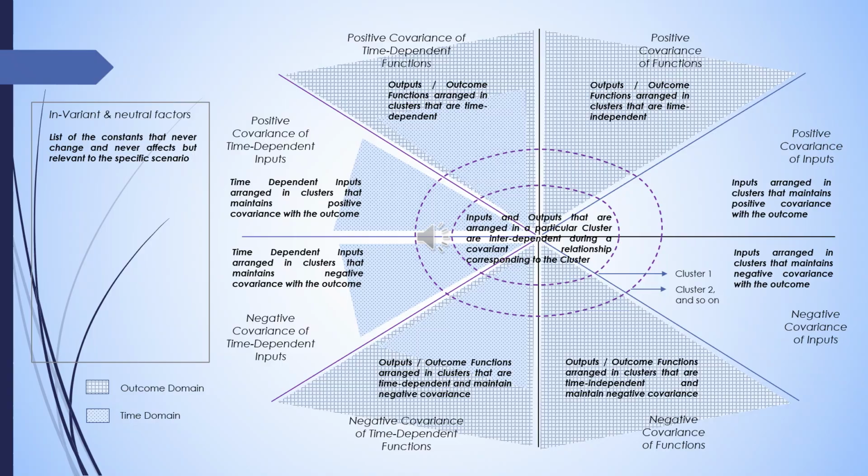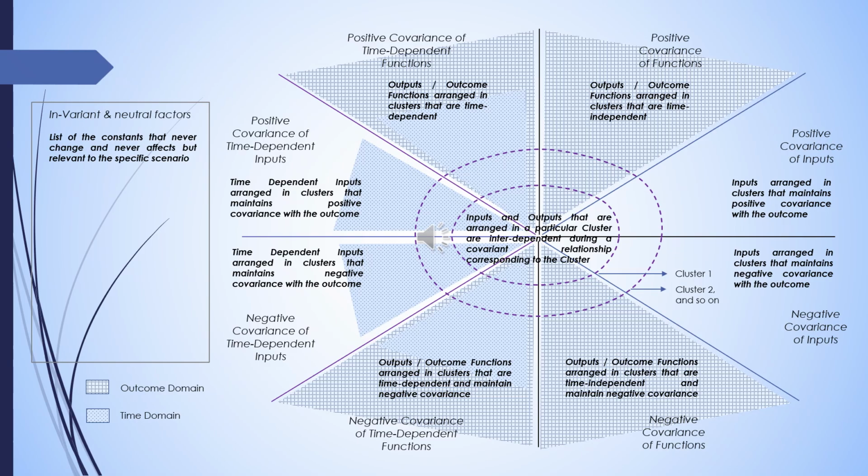Finally, there's one crucial plotting guideline that makes this framework truly powerful: clustering. Inputs and functions that naturally occur together in a single instance of the scenario should be grouped as one cluster. Each cluster represents one coherent version of how the system operates.